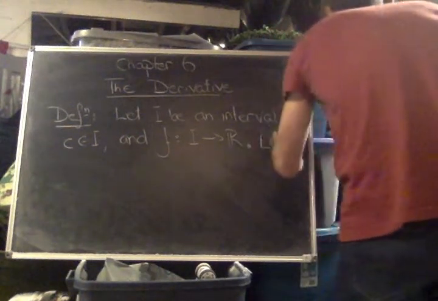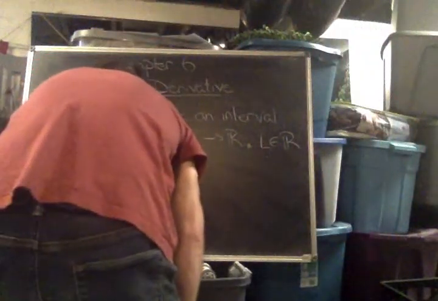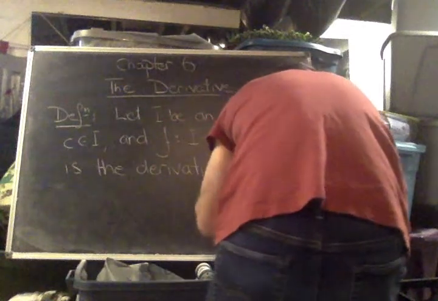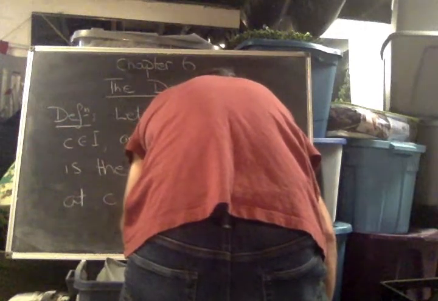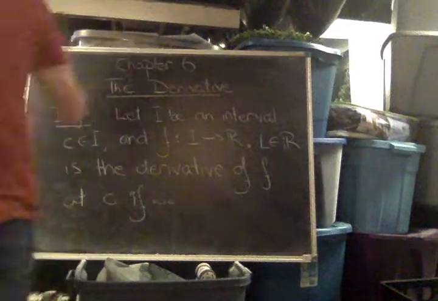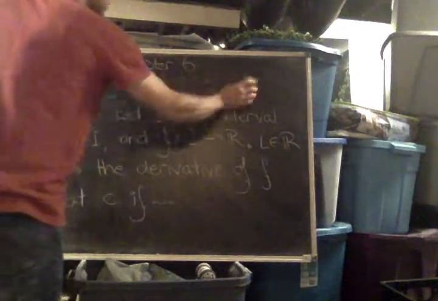Some number L in R is the derivative of f at c if, and let me try and squeeze this all on one board, so imagine us going back to the top here.